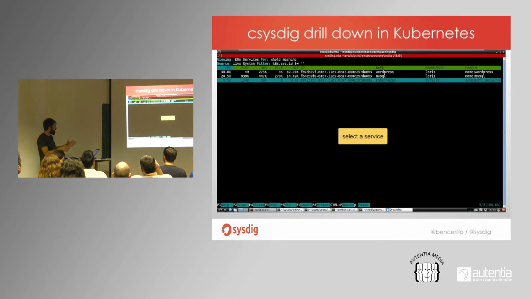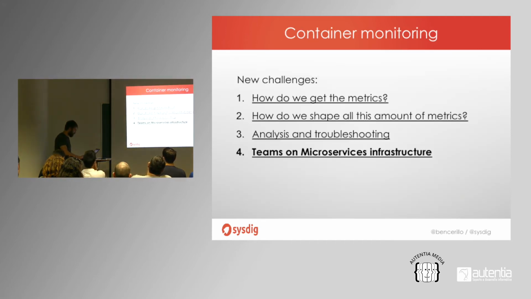The idea is that you can see all your containers and the processes running inside. In this case, for example, we can see the containers using the Kubernetes metadata, so we have all that information together in one tool. We can look at the file descriptors, all the system calls, etc. We'll have a look at that.